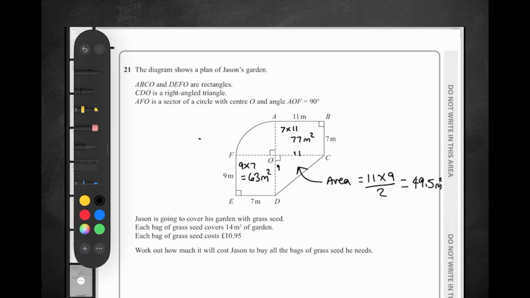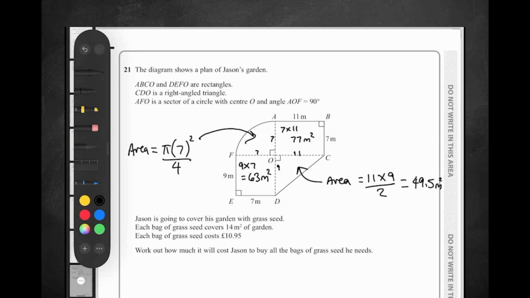Then the circle's area is going to be pi times the radius squared divided by 4, as it's a quarter of a circle. And the radius is going to be the length OF or OA, which are the same, which are 7.